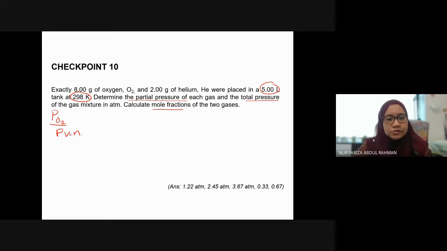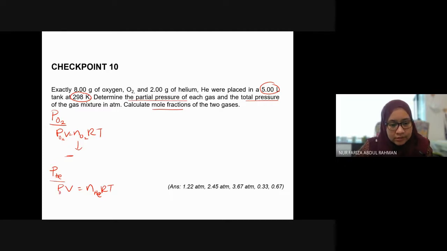So please make sure that this is the mole of oxygen. This is the partial pressure for oxygen. And RT. Temperature is no problem. R is no problem. V of course is the same because it's the same container. So you will calculate and you will get the answer. And then the same goes for helium. So you'll be calculating for helium using PV = nRT, so the n is the mole for helium.